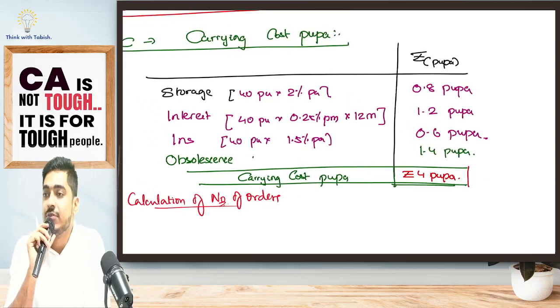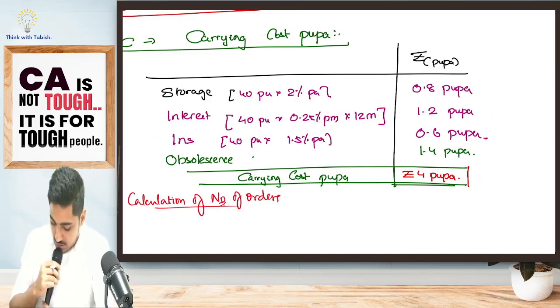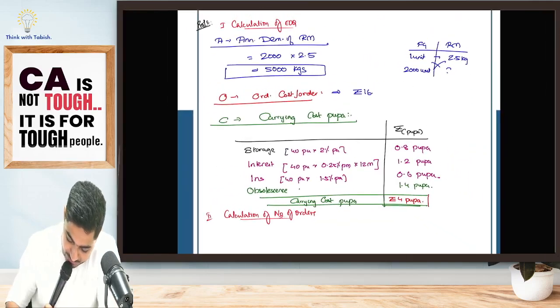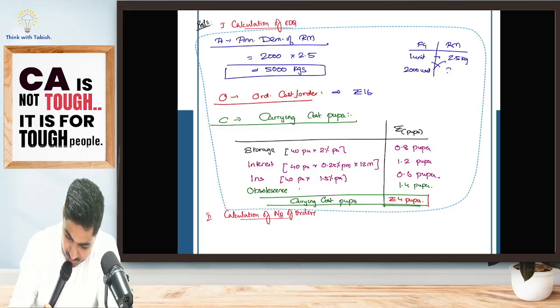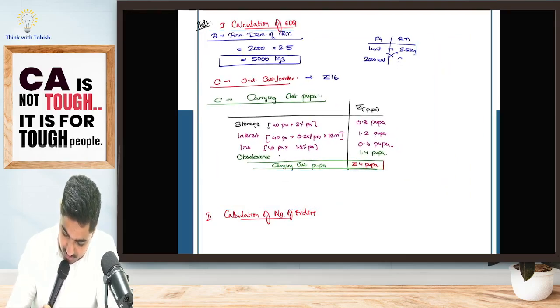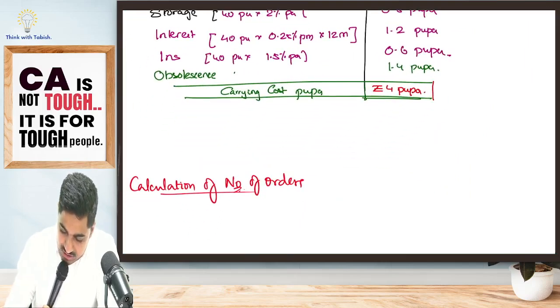Yes. So shall we go ahead and calculate our EOQ? Yes or no? Okay, sir. So EOQ calculation, let me do it out. Tell me everyone, what is the formula of EOQ?